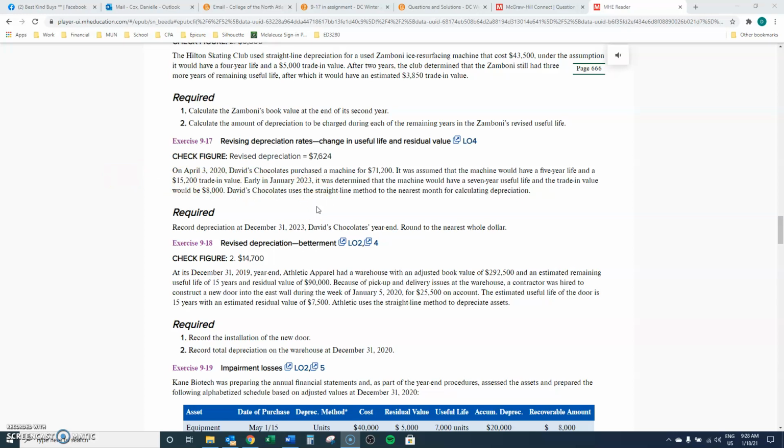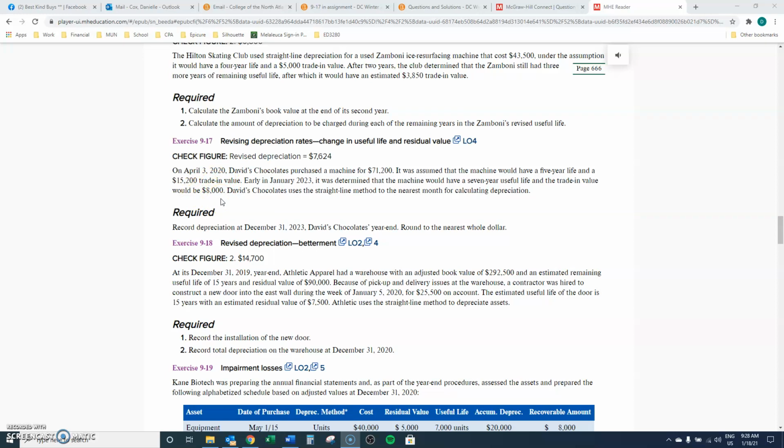Now, at the beginning of 2023, we calculate what the depreciation amount is going to be going forward based on our new numbers. Just like you would with calculating depreciation, it's cost less residual value. So we take the cost, $71,200, less the new residual value of $8,000.